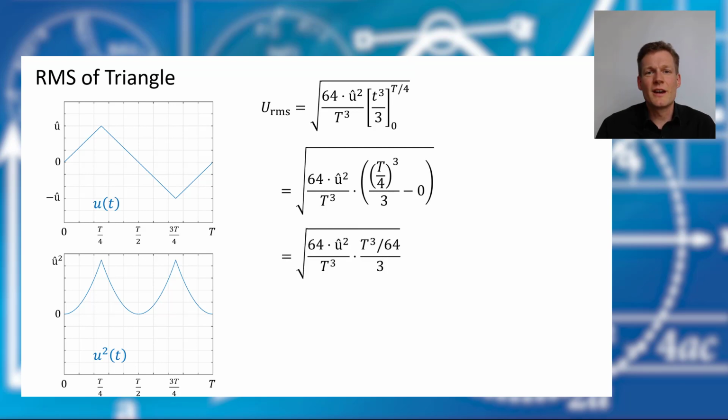And now you see we can shorten some things, and what is left is the amplitude square divided by 3, and we take the square root of that. And that means that the RMS value of a triangle function is the amplitude divided by the square root of 3.